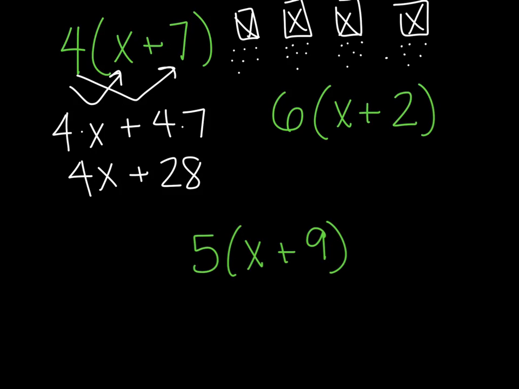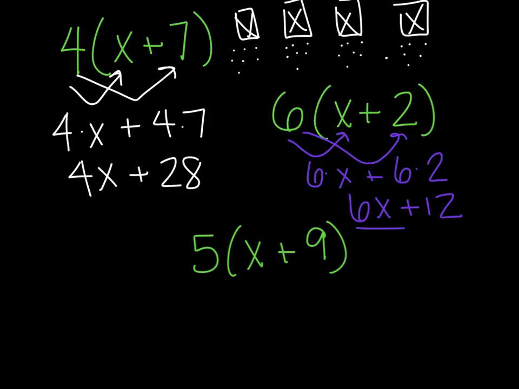Alright, so hopefully you've given this a shot on your own. We're going to distribute the 6 to both parts of our parentheses. So we have 6 times x plus 6 times 2 to give us 6x plus 12. And the last one on this screen says distribute 5 to both parts of the quantity of x plus 9.